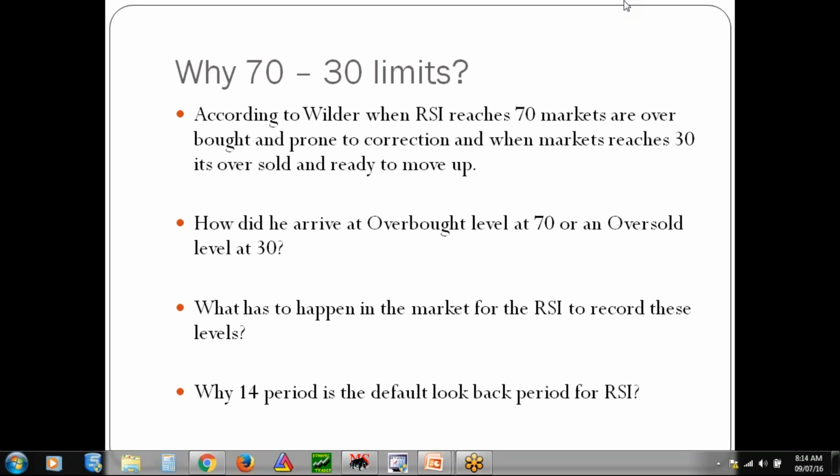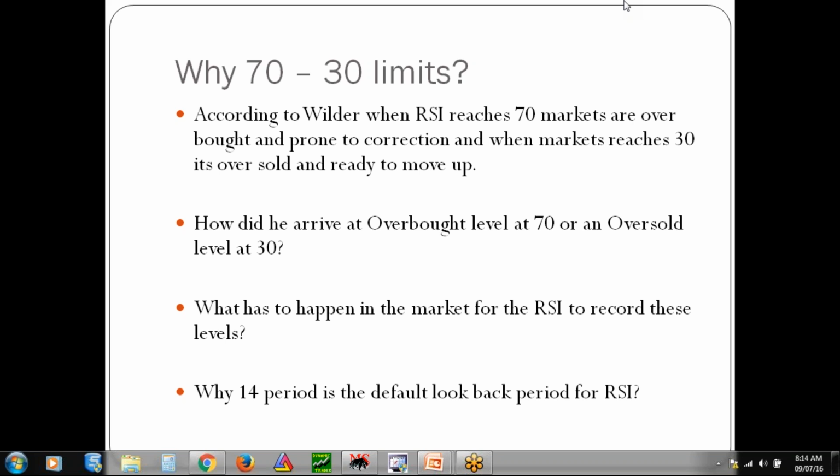Any course over the internet, any book will not tell you this. So, a very simple inference: when we move into the 70 zone, we have recorded higher closes, that is, we are in an uptrend. Similarly, when we moved into the 30 zone, that means 9 out of 14 times the prices have recorded lower closes.